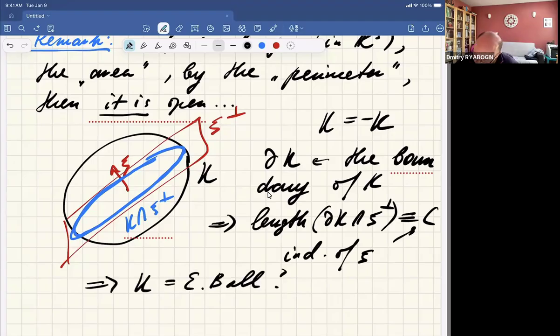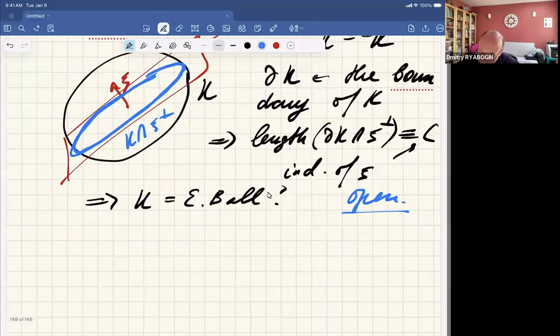This is open. And again, the reason apparently lies in this harmonic analysis business. I already don't know, because in the first question the area of the central section of an origin symmetric convex body is a convolution, but the perimeter is not.